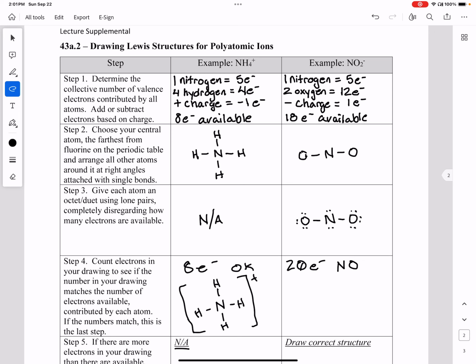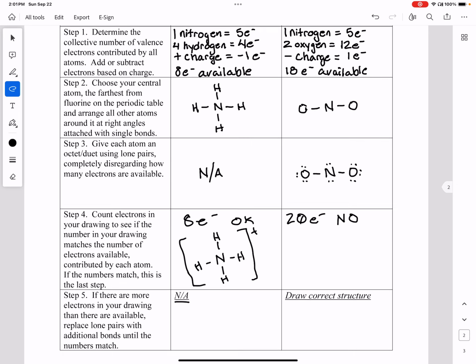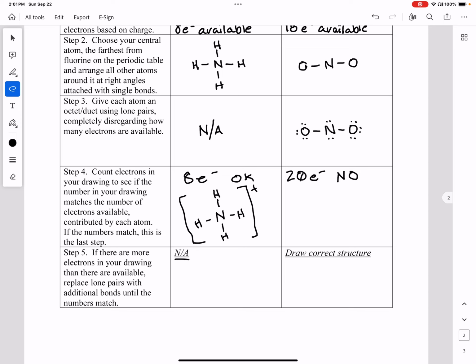Okay, so we need to have multiple bonds here. So let's show it. We only need to get rid of 2 electrons, so that's only 1 bond we need to get rid of, or that's only 1 pair that we need to get rid of. Those 2 are going in there.